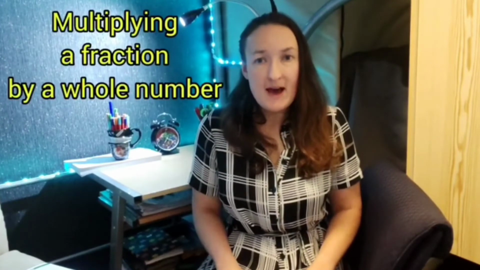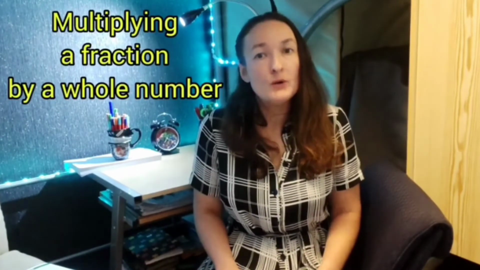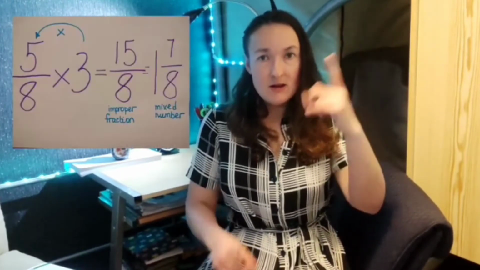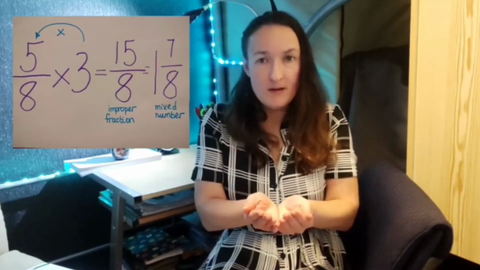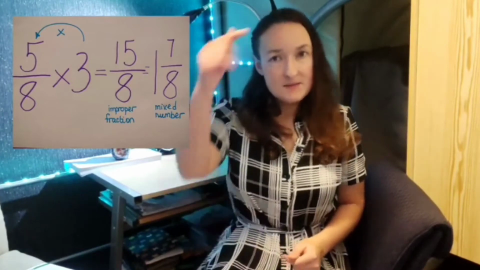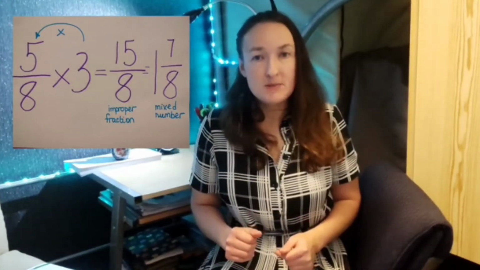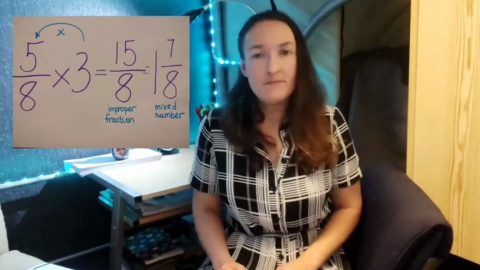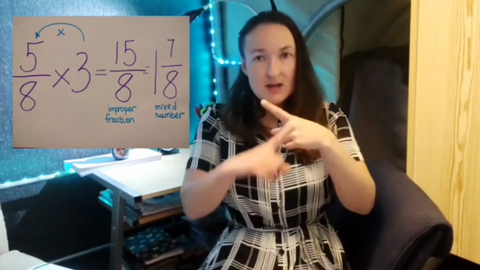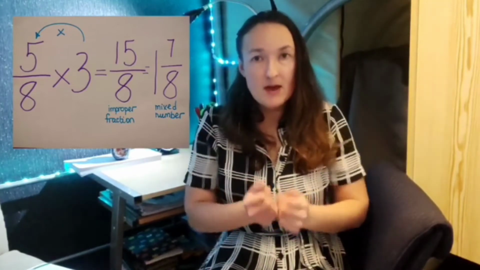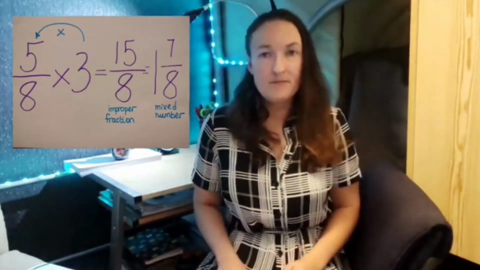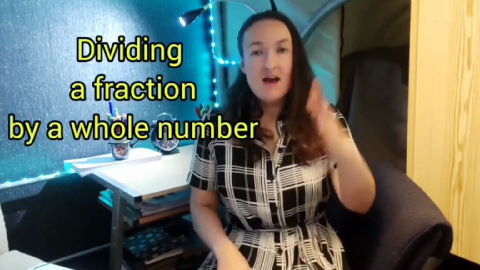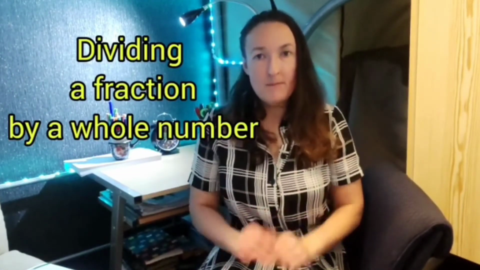How do we multiply a fraction by a whole number? Well, if this represents a fraction, fraction times a whole number is times the top. We're just multiplying the numerator of the fraction by the number. How do we divide a fraction by a whole number?